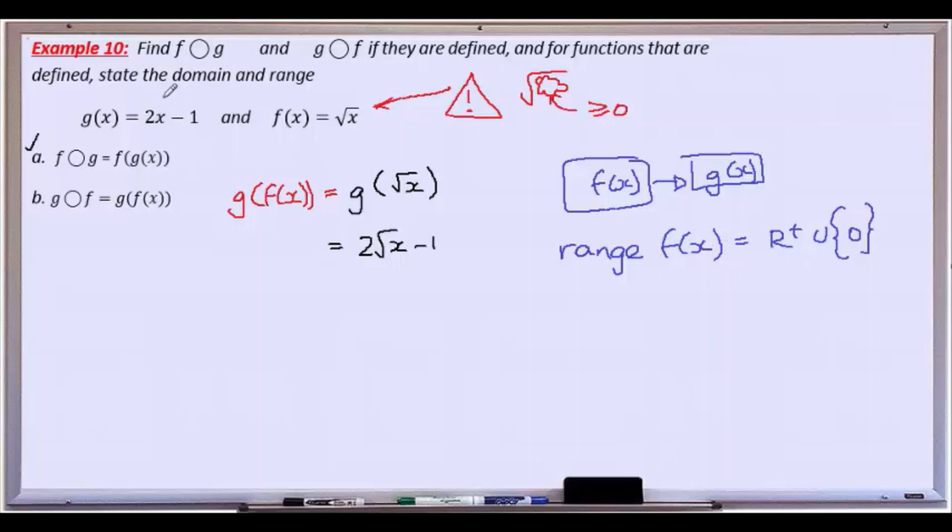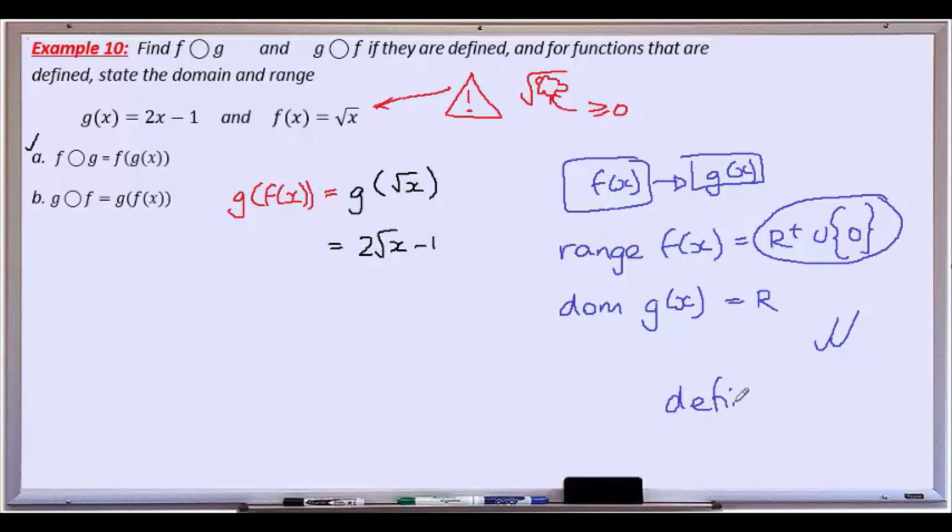Now, if this is a subset of the numbers that can go in here, and any number, my domain of g, are real. Because this is a subset, these values that come out of f of x are completely contained within all real numbers. This will work, and the function's defined. So we don't have to restrict the domain.